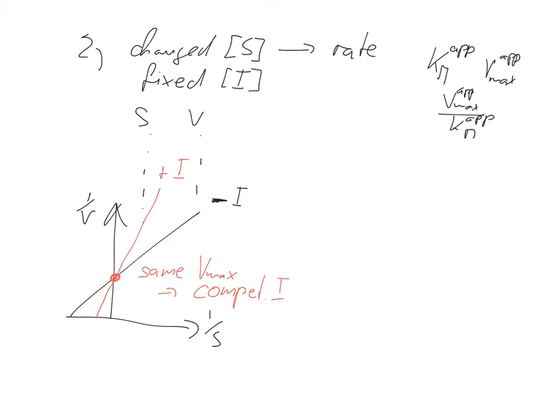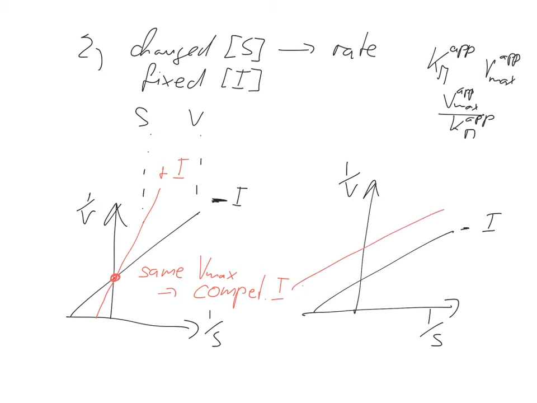If you've got an uncompetitive inhibitor, 1 over V versus 1 over S, what you would get, so that's without the inhibitor, and with the inhibitor you get a parallel line, so that's plus inhibitor. And so with this it allows you to determine what kind of inhibitor you have.